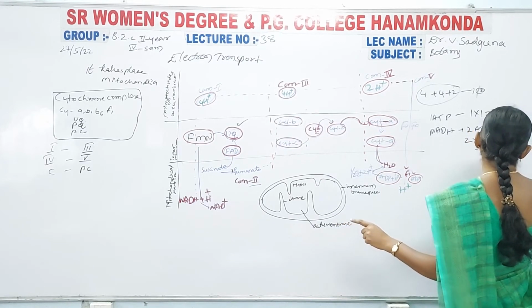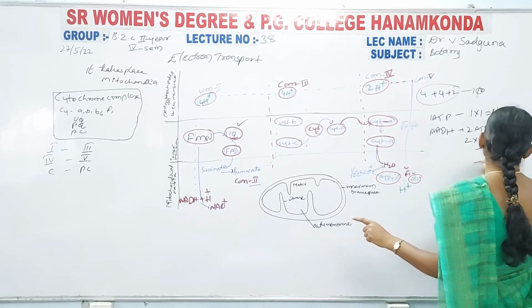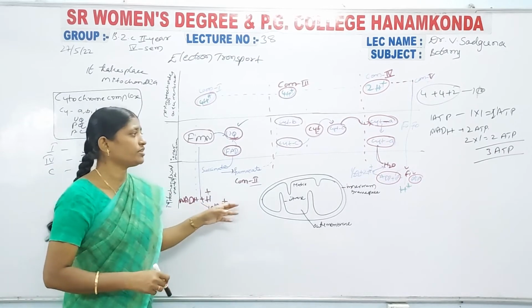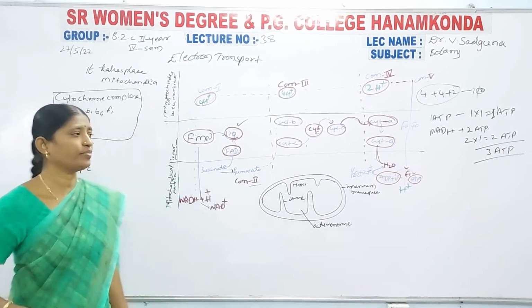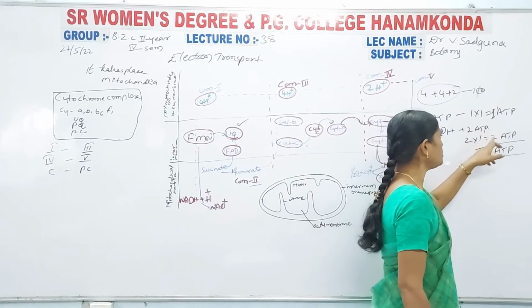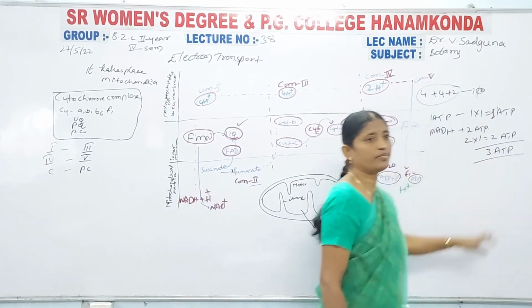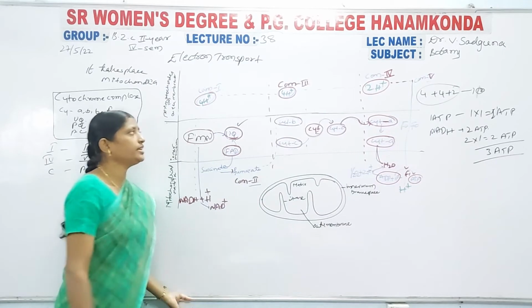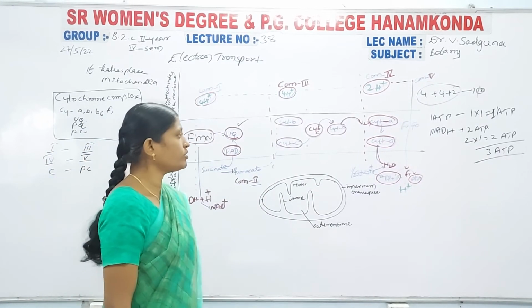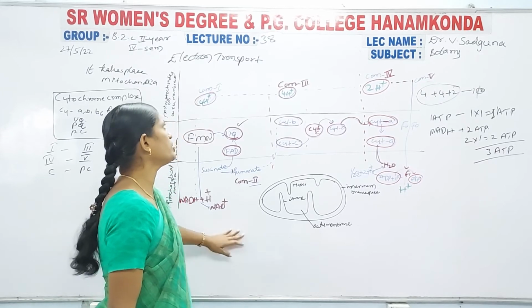So here is the complete 3 moles of the ATPs. Then complete 3 moles of the ATPs. Then ATP, here it is also 1, 2 plus 3 moles of ATPs produced. Then in the electron transport system almost all of the 3 moles of ATPs are produced.